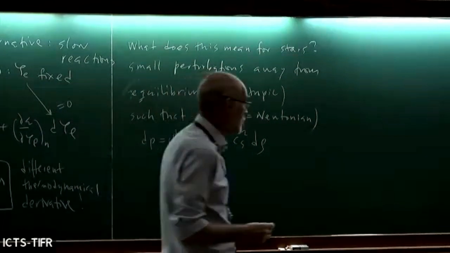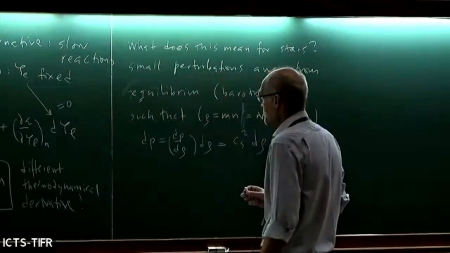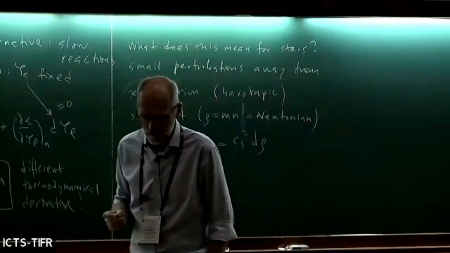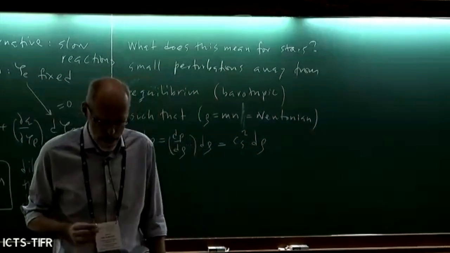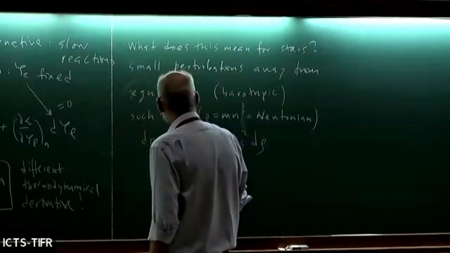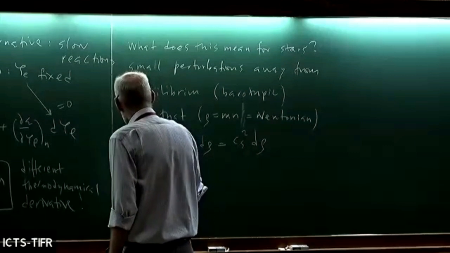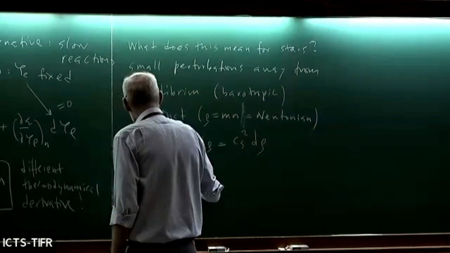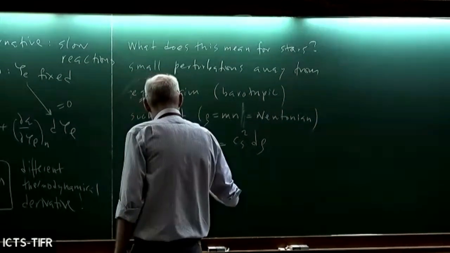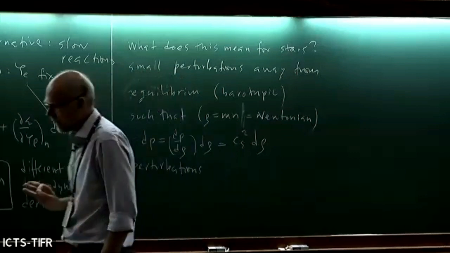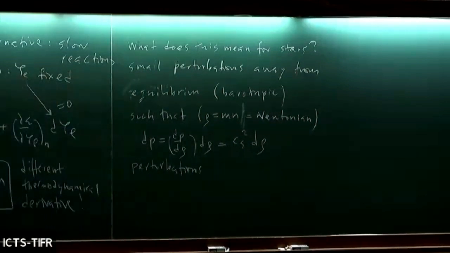And then we can contrast this to perturbations. Where for perturbations, I need to be a little bit careful now because in this argument, I'm saying that this is fixed in a fluid element.